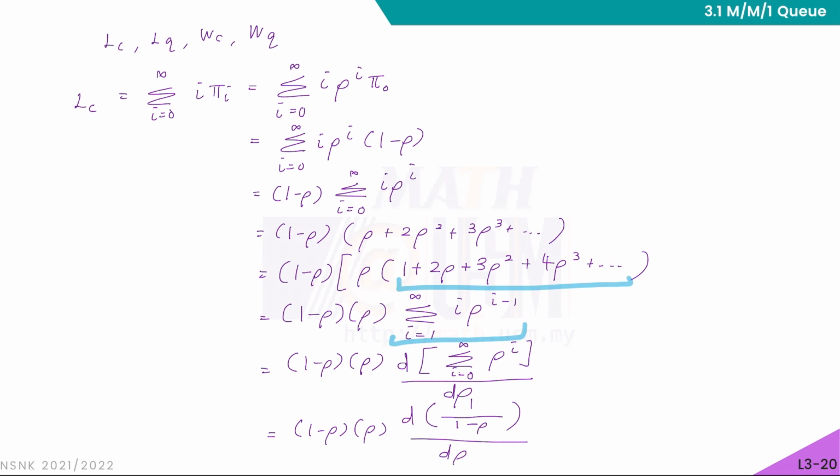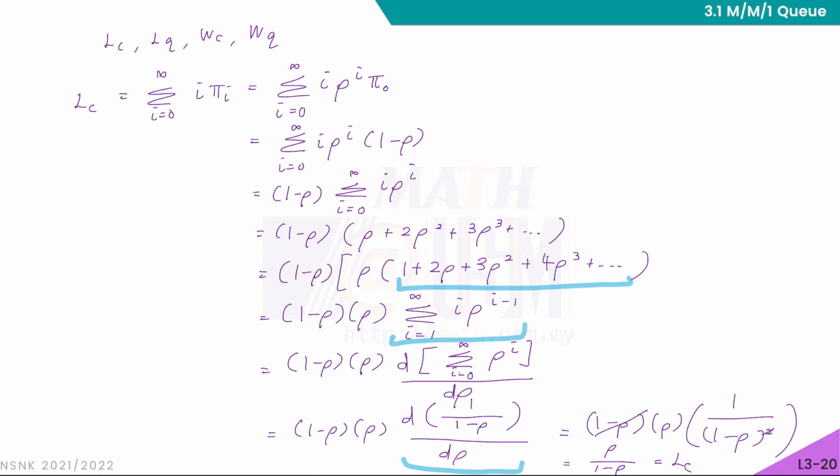By differentiating this term, and cancelling out your 1 minus rho, you should get rho over 1 minus rho. This equals your LS.